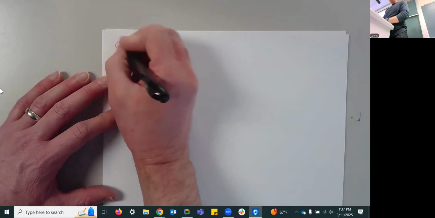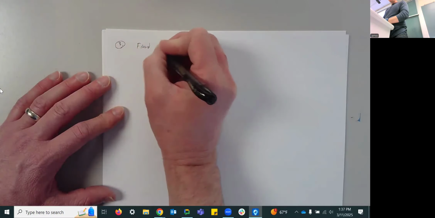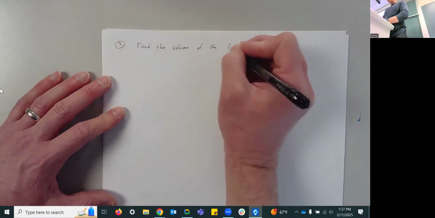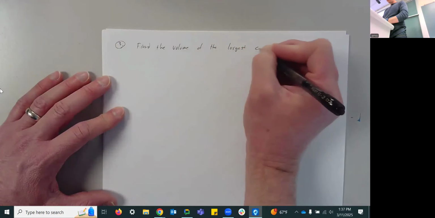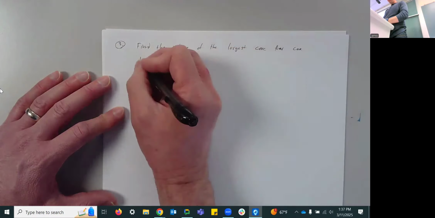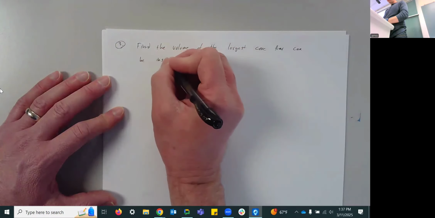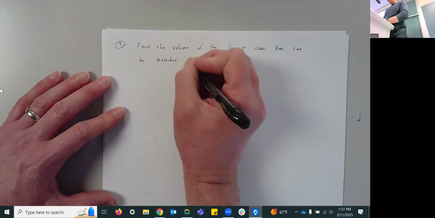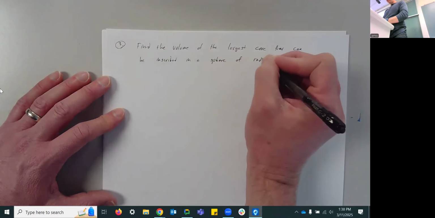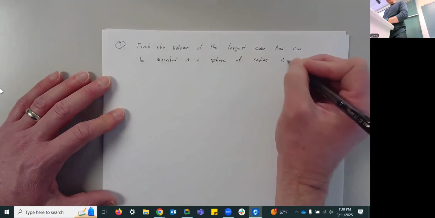Let's try that again. Apologies. Find the volume of the largest cone that can be inscribed, fit into, in a sphere of radius 6 inches.